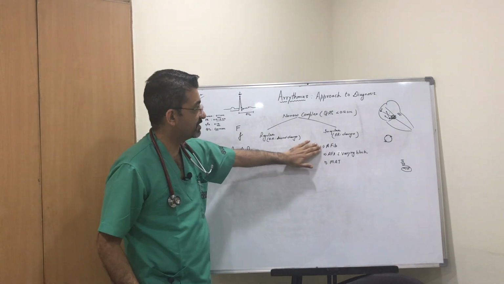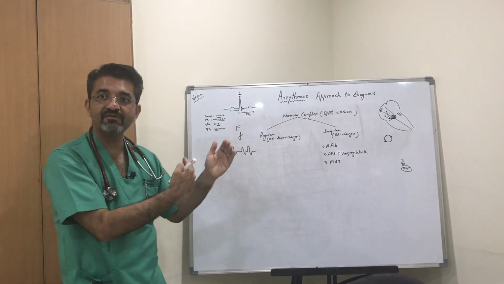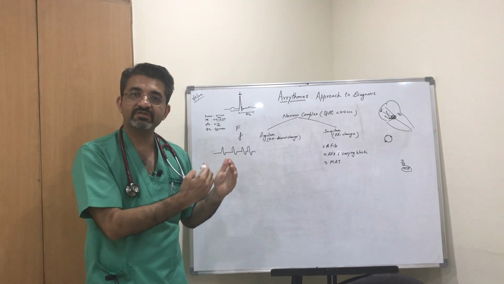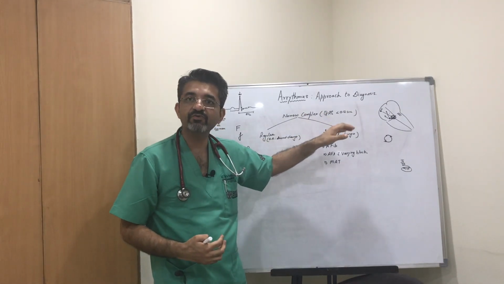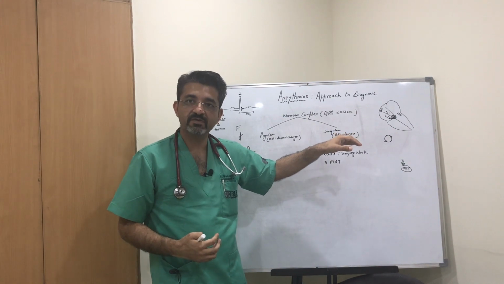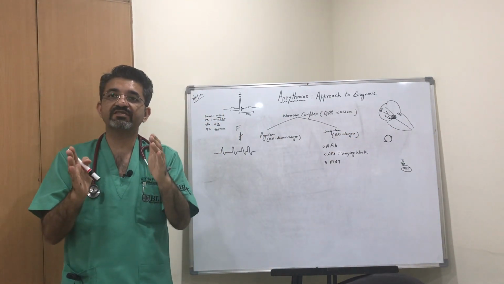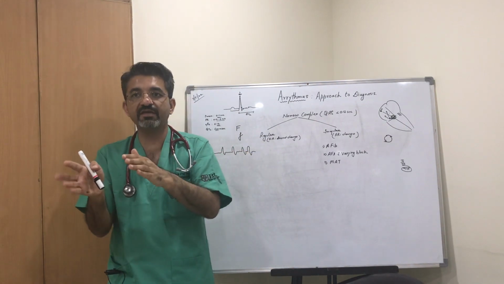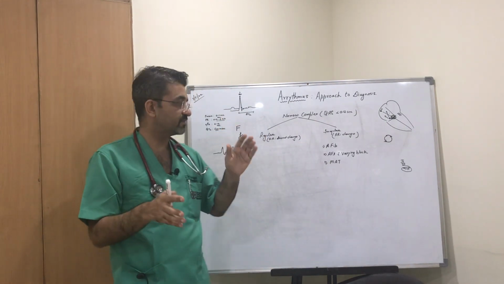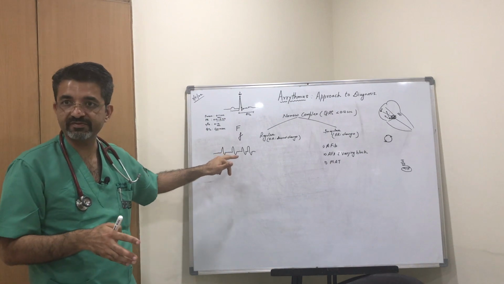So, in atrial fibrillation, your RR interval will vary because the AV node will transmit randomly a few of the P waves. So, there is no fixed way in which the RR interval varies, it's a random way. So, the rhythm is irregularly irregular and there are fibrillation waves, correct?